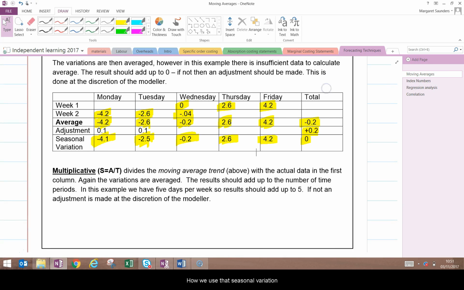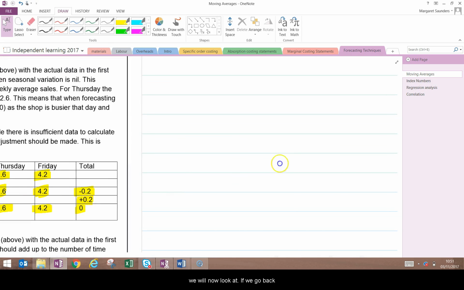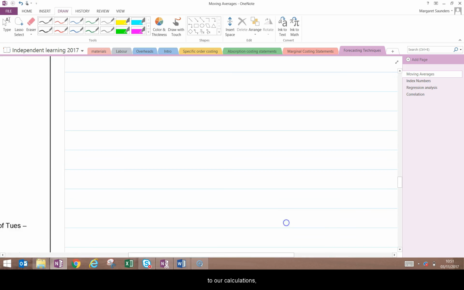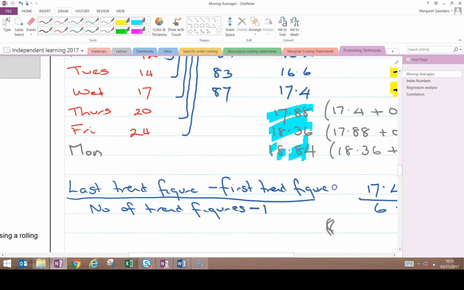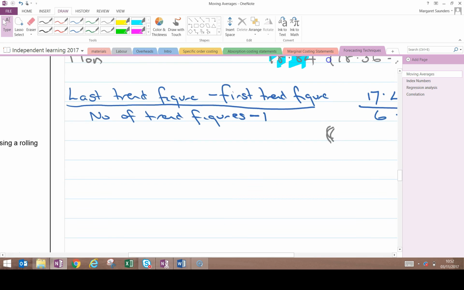How we use that seasonal variation, we will now look at. So if we go back to our calculations, Monday I had forecast a trend of 18.84.